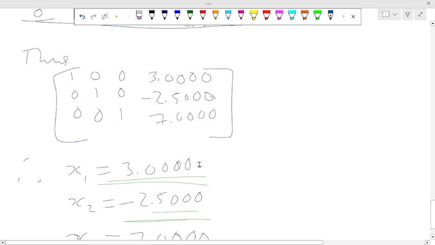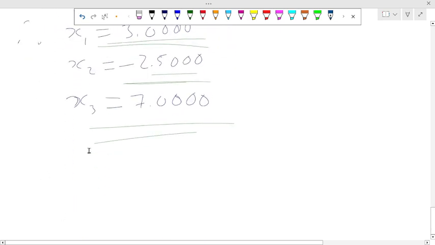So truly x1 is equal to this. x1 here is 0, x2 here times 1, so x2 plus 0, x2 equals minus this. So it makes sense. 0 plus 0 plus 1 times x3 is x3, equal to 7.00. So it's correct, it makes sense.